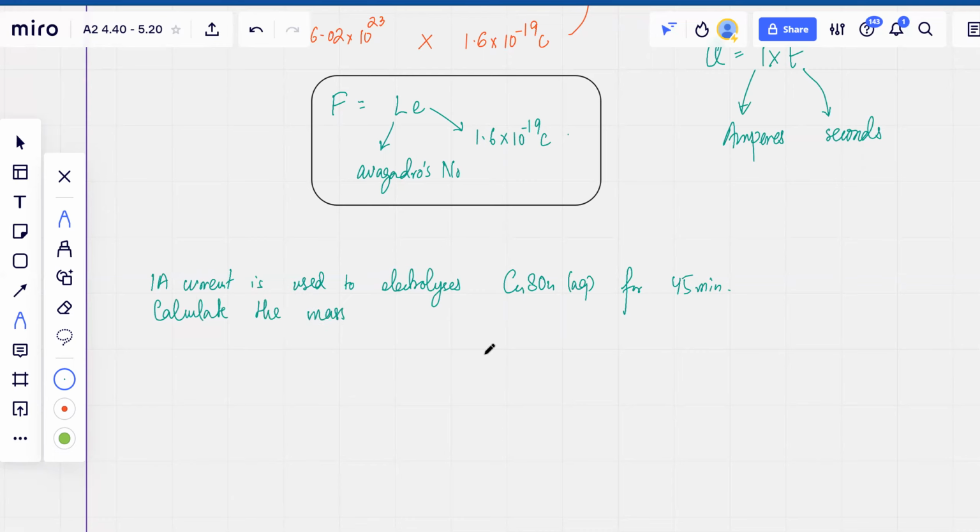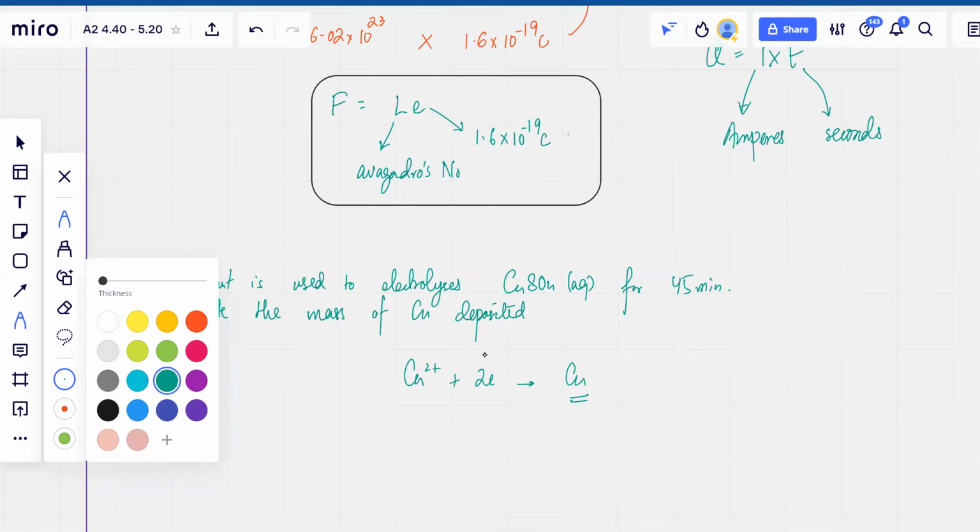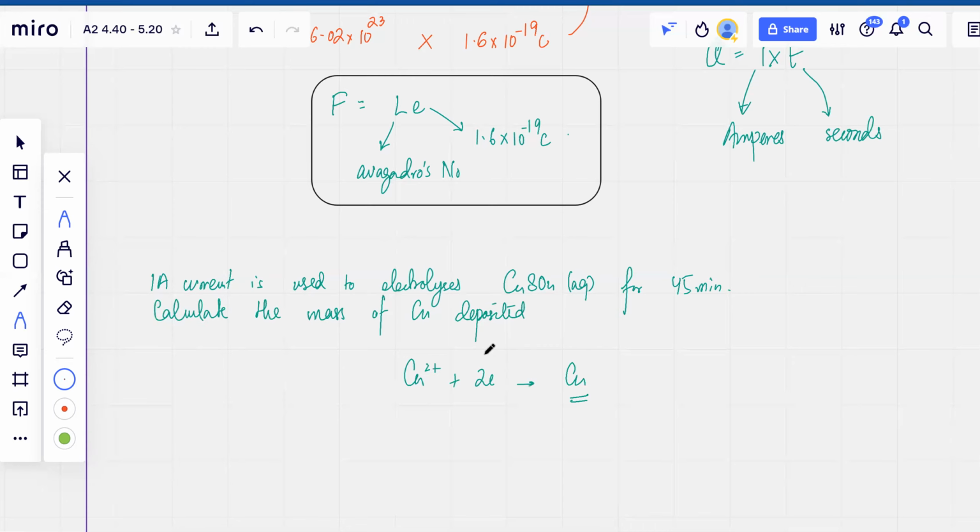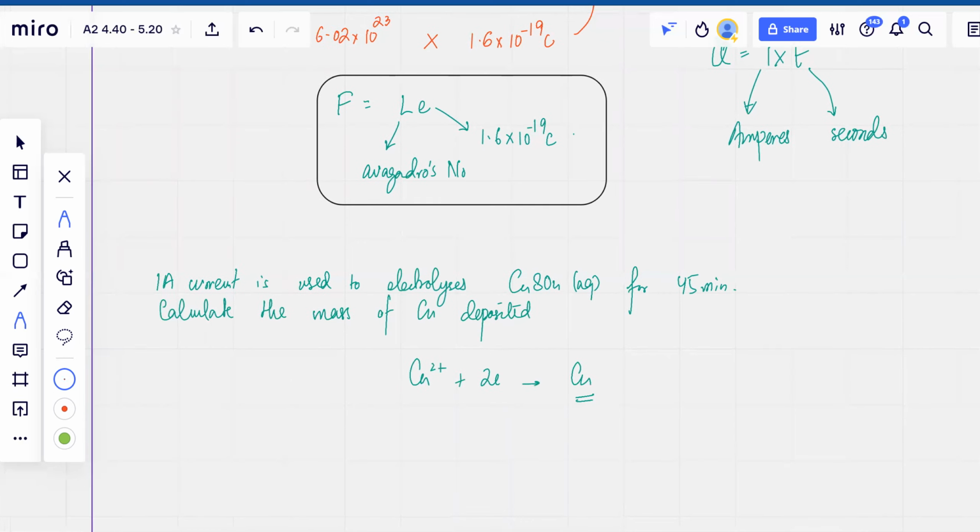So you're supposed to calculate the mass of Cu deposited. This is a very common electrolysis. You already know the cathode equation would be Cu2+ gaining 2 electrons to form Cu. And we are being asked to figure out the mass of copper deposited.